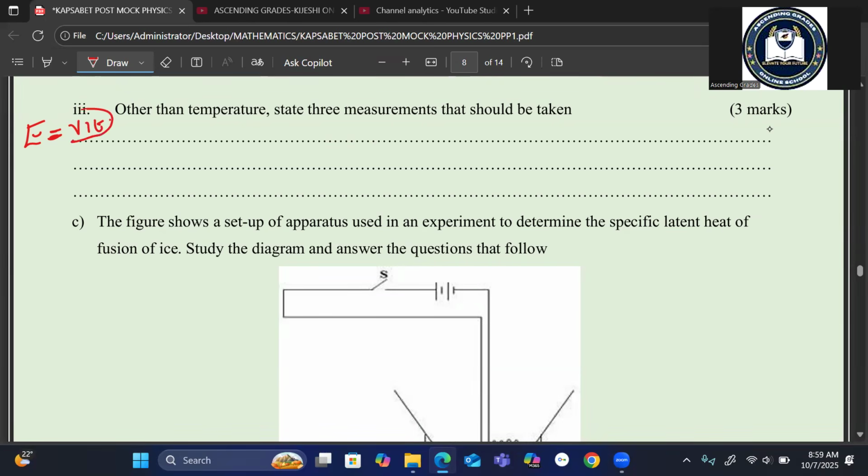Therefore, we need to measure all these 3. So we have voltage or potential difference, we have the current, and we have the time taken during heating.